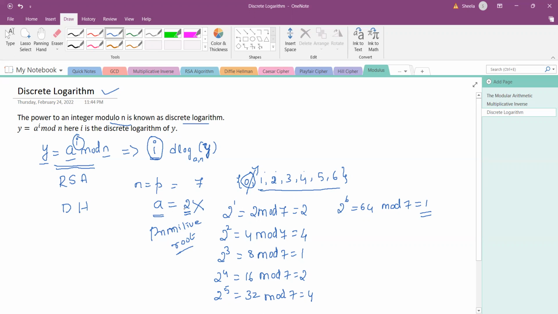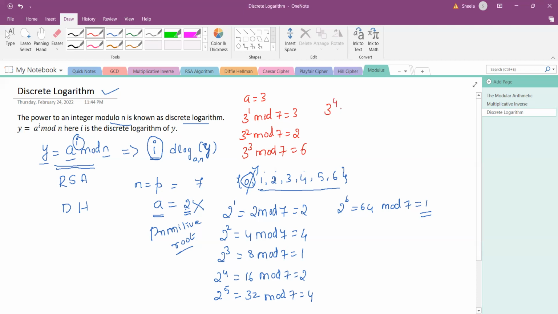Since when I select the value of a as 2 it is not generating all the elements, now let me consider a as 3. 3 to the power of 1 mod 7 is 3, and 3 square is 9, and 9 mod 7 is 2. And 3 cube is 27, and 27 mod 7 is 6.